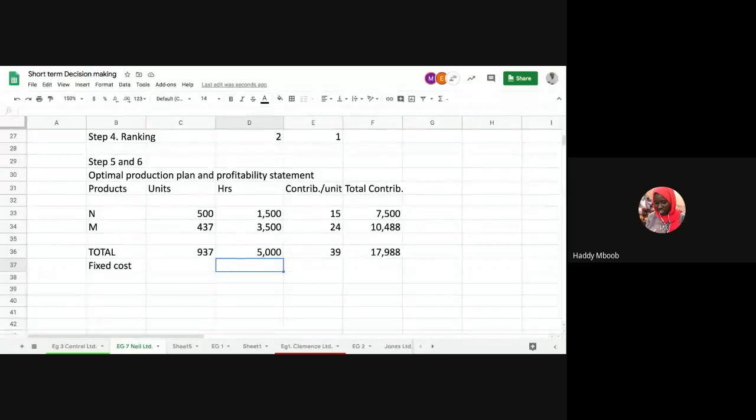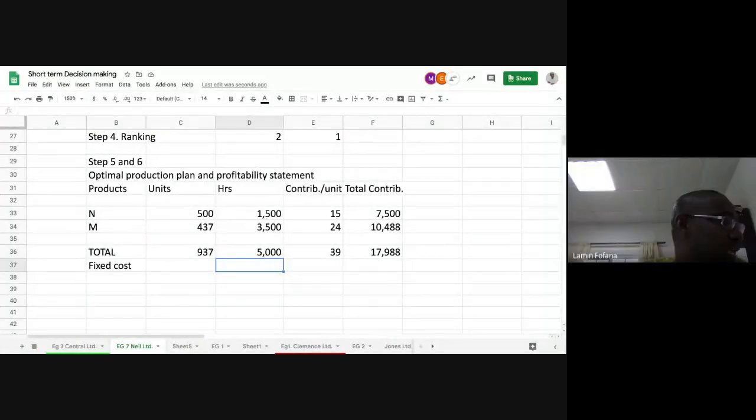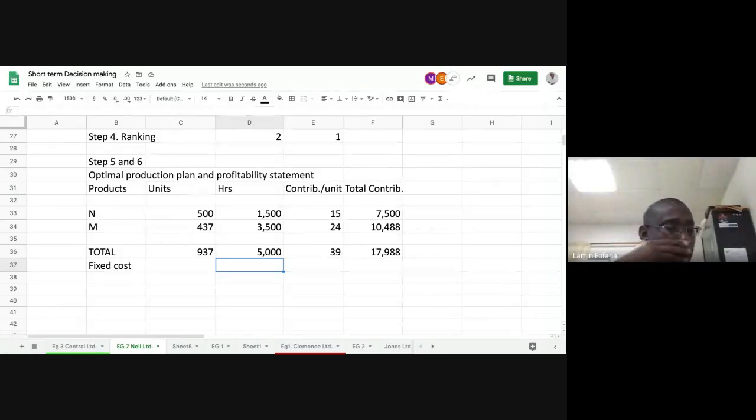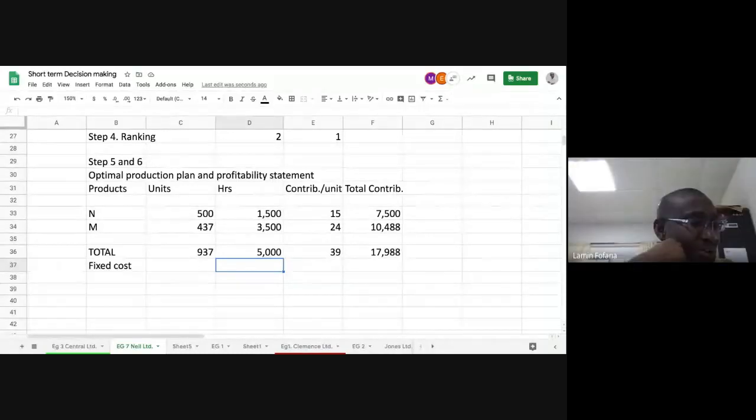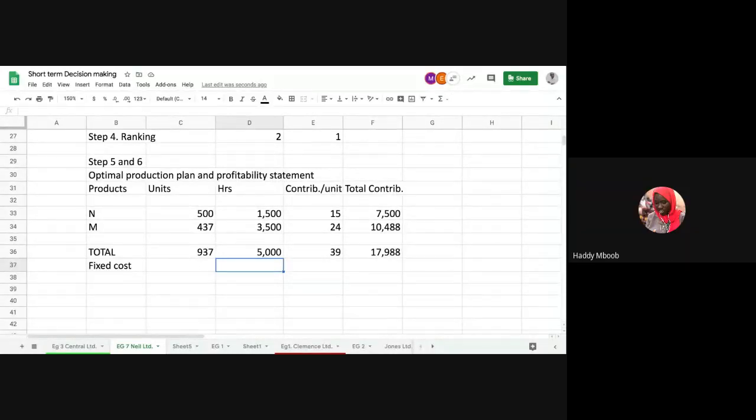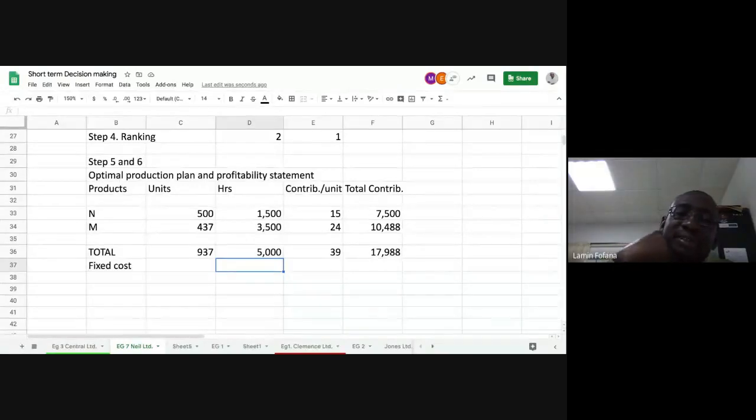So we multiply it by the number of the budgeted units. For M, we should multiply 10 by 437, and then for N, 8 by 500. Do you agree to that, class?